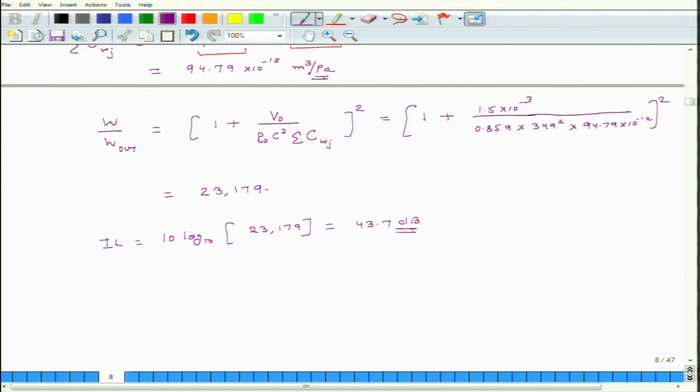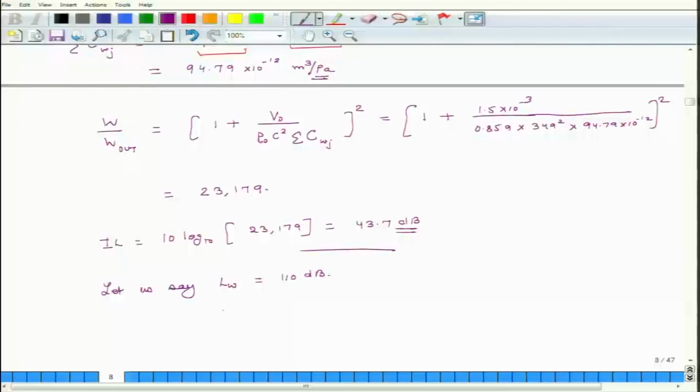Let us say the machine was having a sound power level LW of 110 decibels, then LW out would be 110 minus 43.7, which is equal to 66.3 decibels.